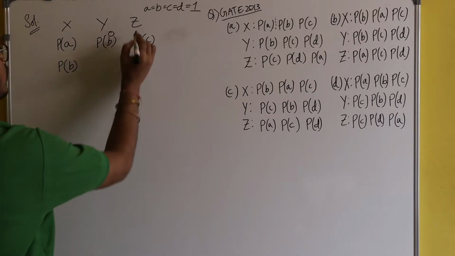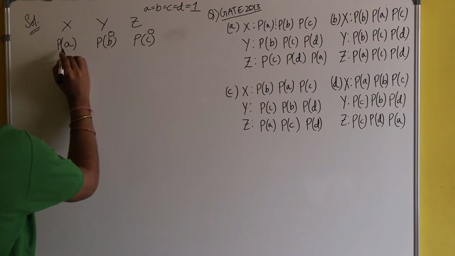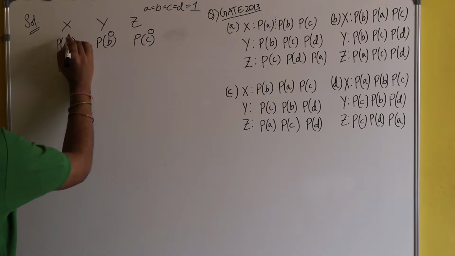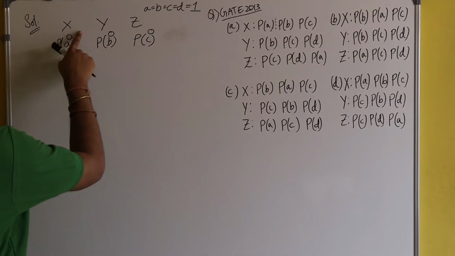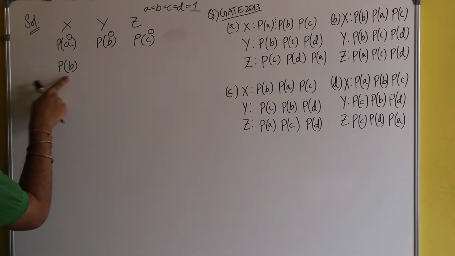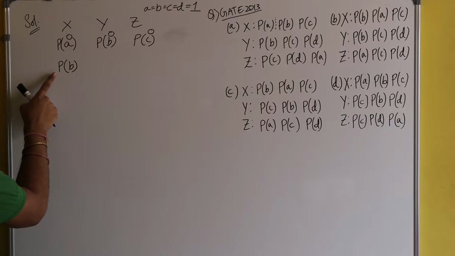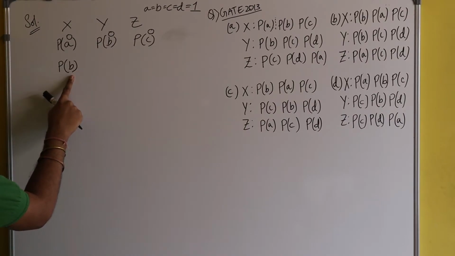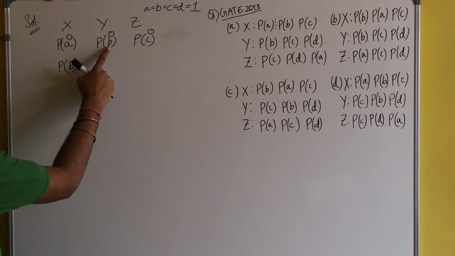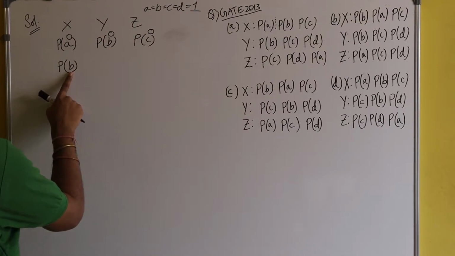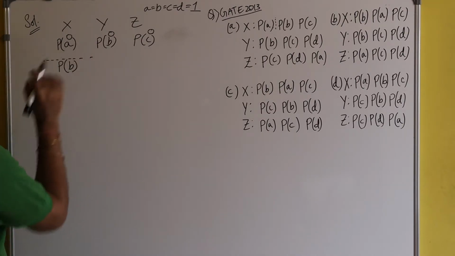Z has already executed PC and the value of C has become 0, and X has already executed PA and the value of A has become 0. So when X tries to execute PB, it will get blocked, because the value of B is 0, as Y has already executed a wait operation on B. So X is blocked.